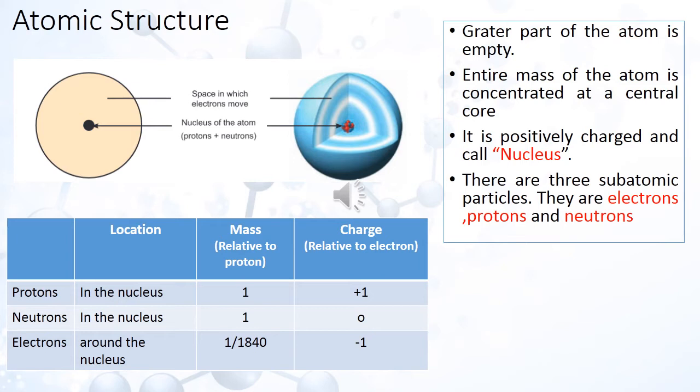The mass of the electrons is very, very small compared to protons and neutrons. They are very light, but they are negatively charged. Protons are positively charged. Neutrons don't have any charge. Electrons are negatively charged.